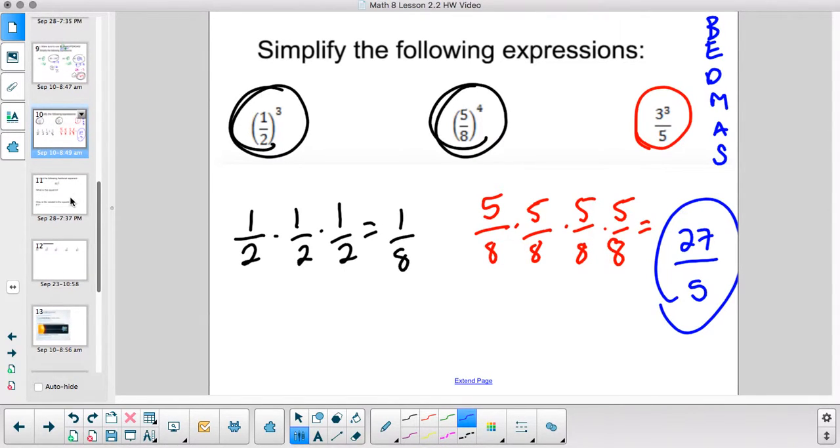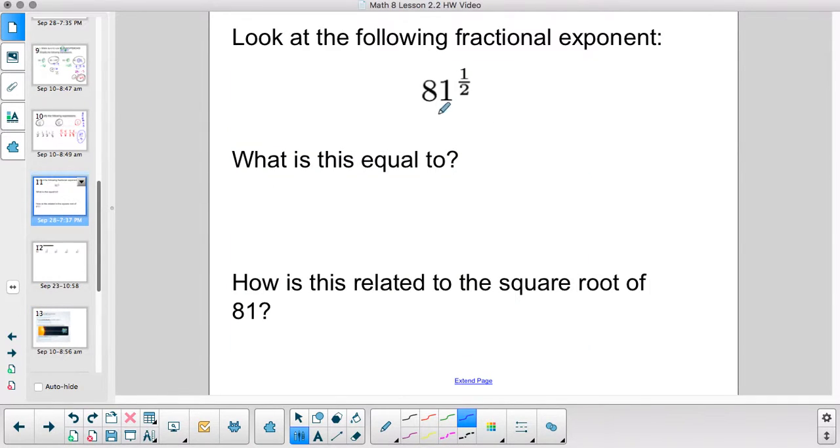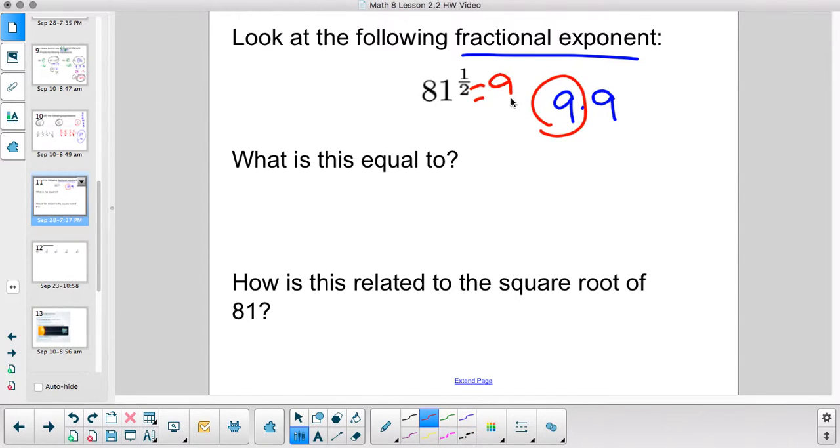I hope you also saw the pattern here when we're looking at 1/2. We're looking at a fractional exponent. So you have to think about 81, what times what gave us 81, and that's 9 times 9. So 1/2 of that would just be 9.